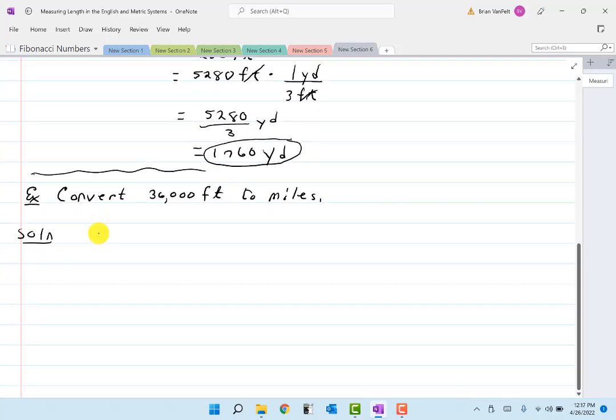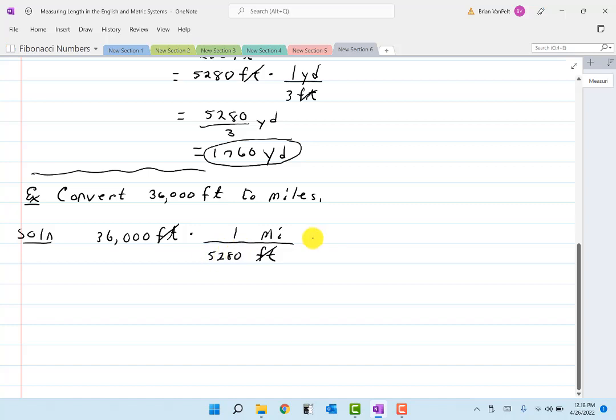So I have 36,000 feet, and I need to take out the feet and change it to miles. So when I multiply by something, I would like my FTs on the bottom and my MI on top. That way those will cancel. And we do have a connection here. 1 mile was 5,280 feet.